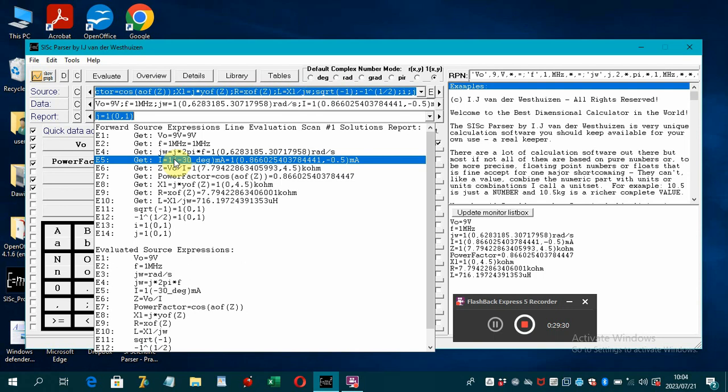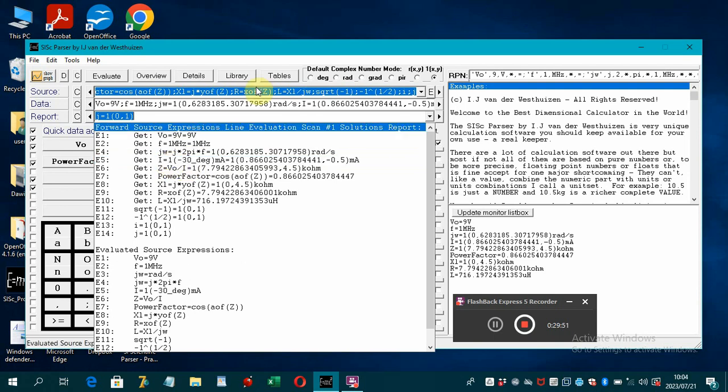So minus 1 in front of a value like this, with a positive angle, will mean only in the opposite direction, or it can have a lagging phase angle. So normally when you have negative angles, you will have a positive vector with a negative sign in front of it. It's just a way the parser represents complex numbers in degrees mode.